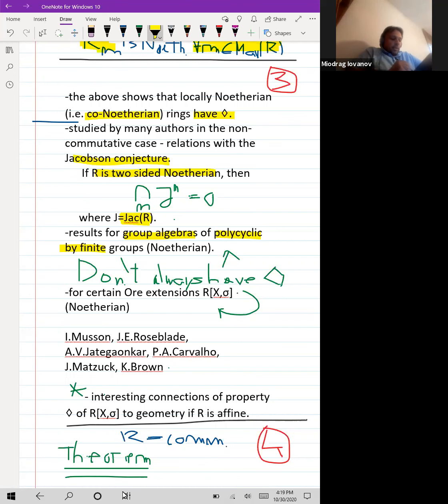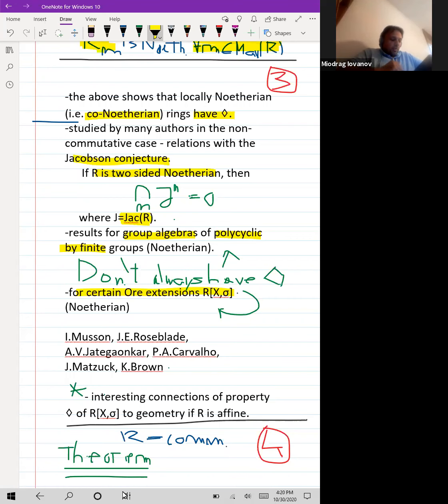This has also been looked at quite recently, a paper appeared maybe a year ago, for certain Ore extensions. So you take a ring R and the ring of polynomials, but twisted by an automorphism. That's a standard construction in non-commutative algebra.